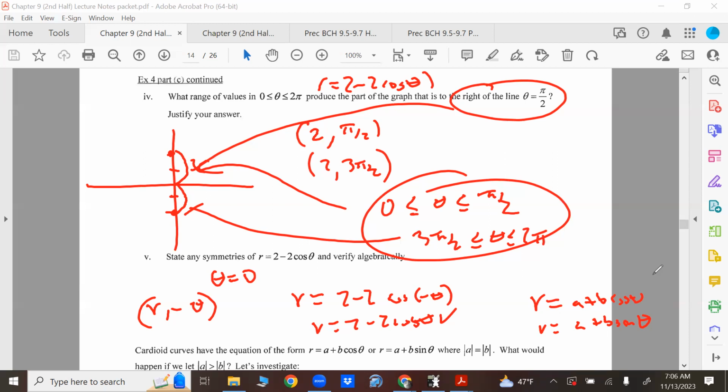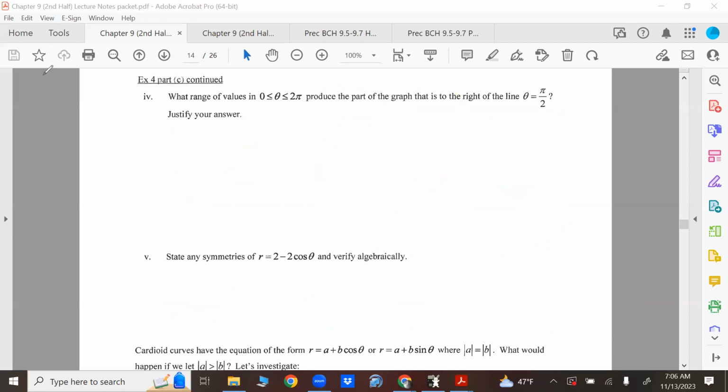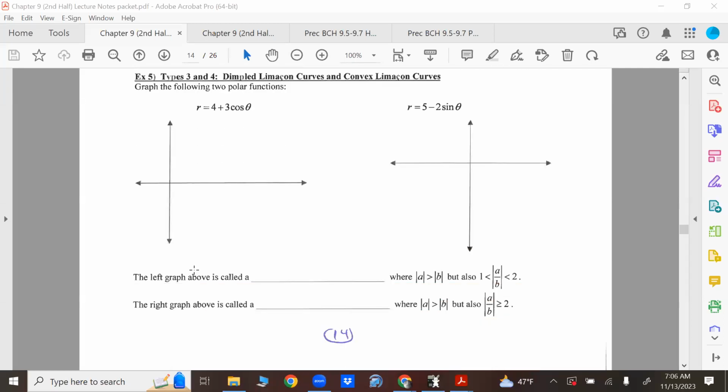So now we're going to look at other types: dimpled limacon curves and convex limacon curves. So before I do the graphs, just so you know, the left curve is what we call a dimpled limacon, and the right one will be what we call a convex limacon, because it won't cave in.